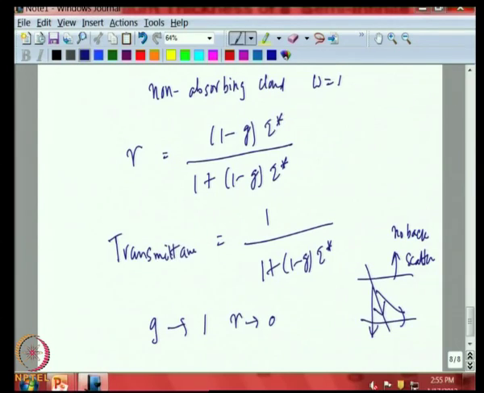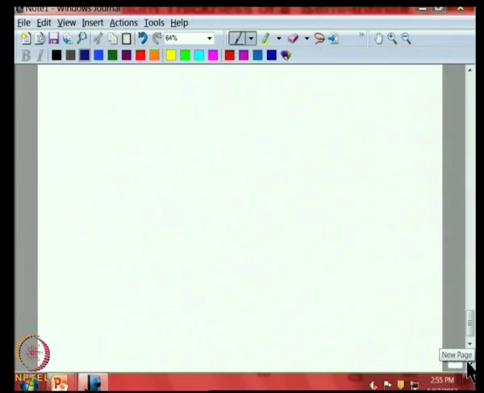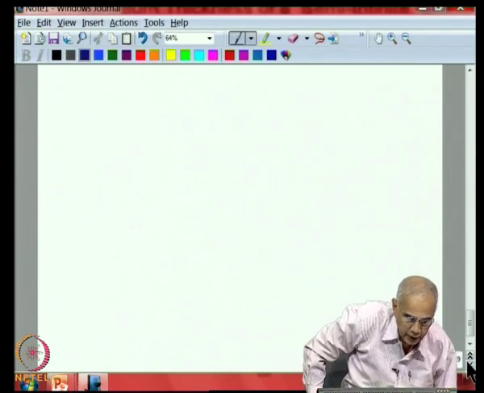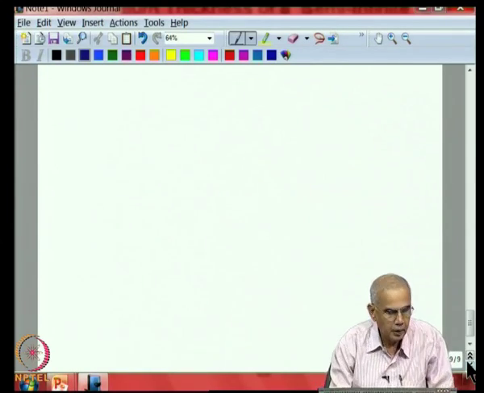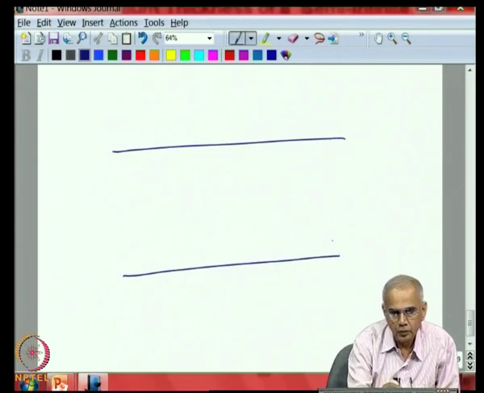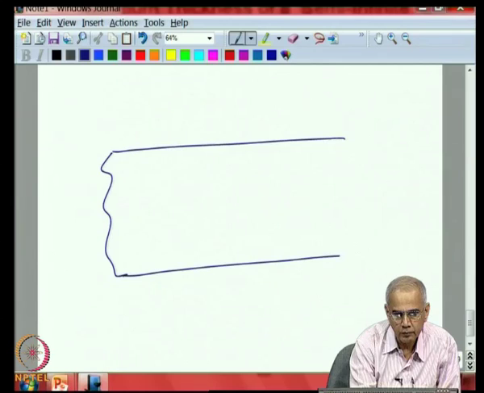This is done very simply in terms of ray tracing, although ray tracing is physically a very meaningful method. So, we have, let us say, a layer of glass whose properties are known.